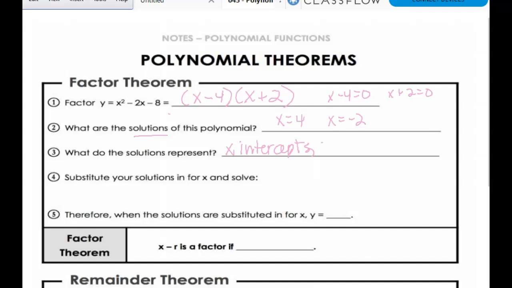Zeros is another word. There's two more. Does anybody remember the last one? Starts with R. Roots.